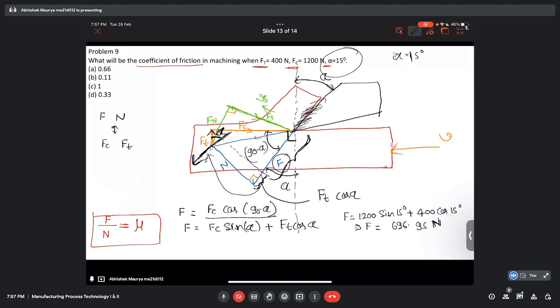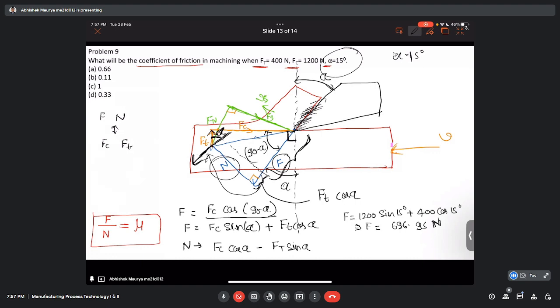Similarly, if you try to find the relationship between the normal force and Ft and Fc, you will get N equals Fc cos alpha minus Ft sin alpha.